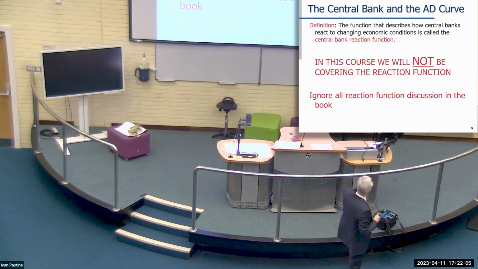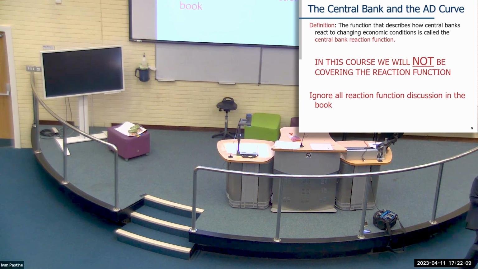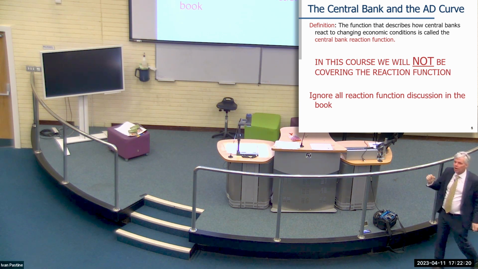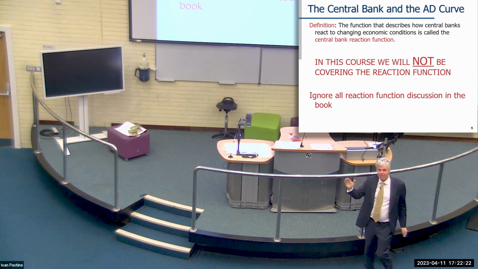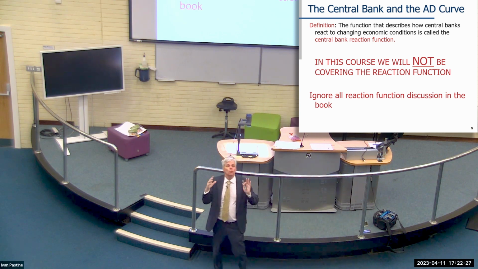So they give a bunch of things in the book, reasons why this is the case. The book goes on and on about the central bank reaction function. Please, just tear that out of the book. The author's an idiot. You should never trust him on anything, obviously. Don't try to learn it that way.